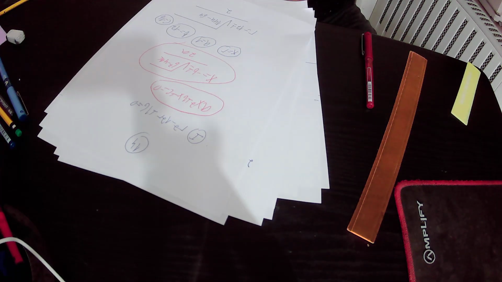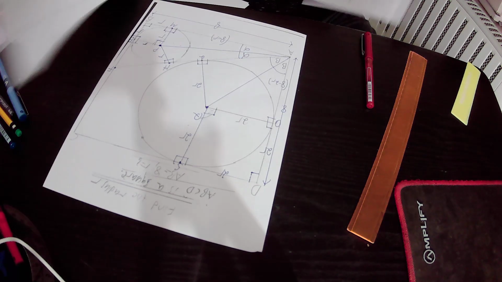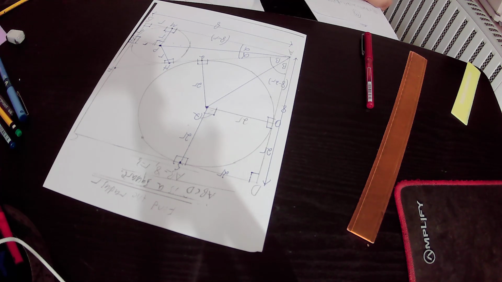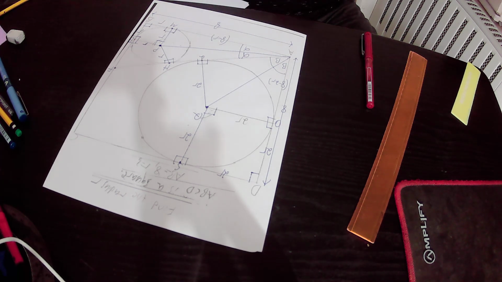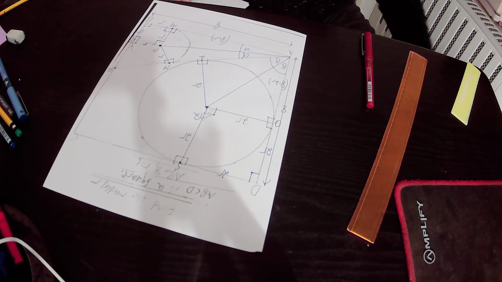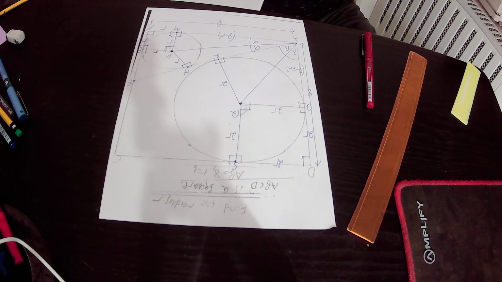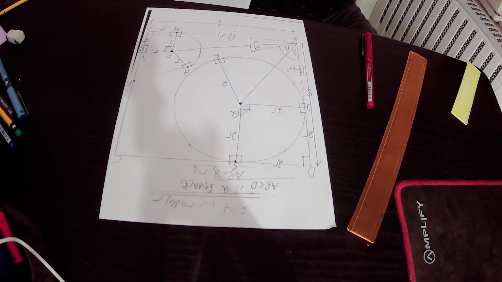so the radius R equals to 12 plus minus the root of 144 minus 64, which is 80, over 2.